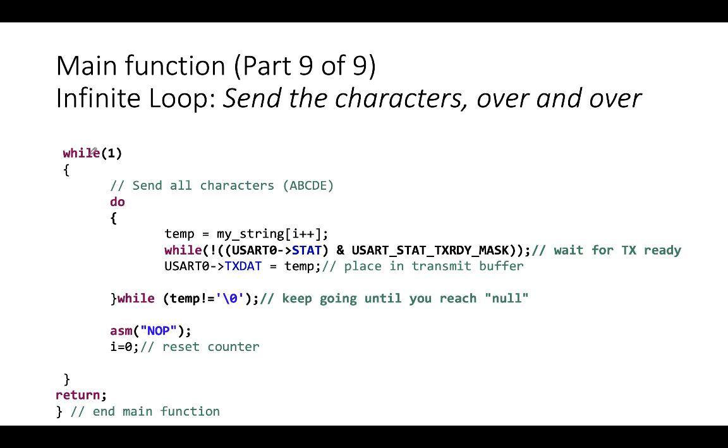All right. Then inside of your main loop, what you want to do is send characters. How do you send characters? Well, you have a while loop like this. And inside of the while loop, we have a do, and that do will increment through that array that we defined earlier. That array contains A, B, C, D, E, and a null.